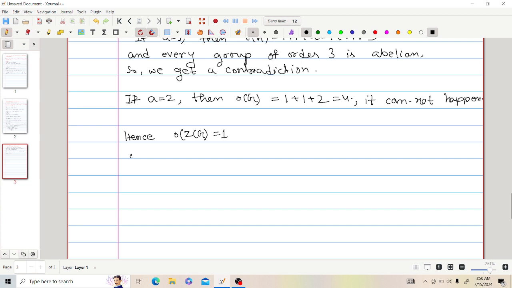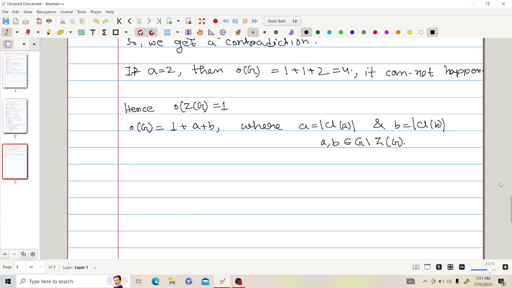Then if we write the class equation, this class equation is 1 plus A plus B, where A is equal to number of elements in class of A and B is equal to number of elements in class of B, where A and B are elements which belong to G minus ZG. Here we have some notational problem.